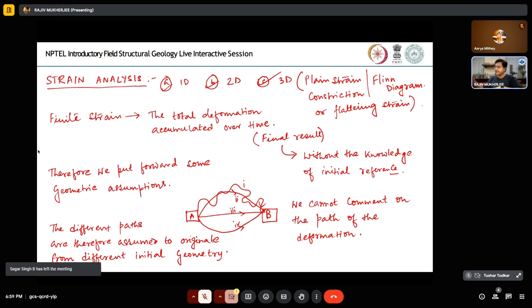So these geometries, in terms of strain analysis, we call them strain markers.